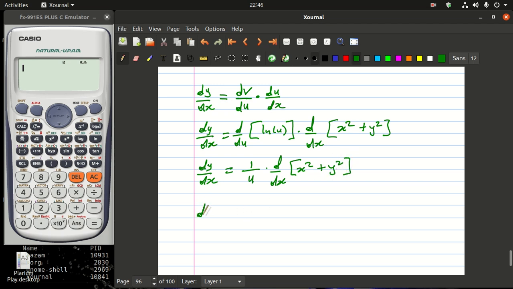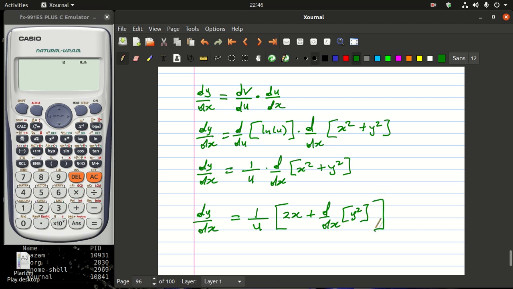Now I have my dy dx on the left hand side. On the right, I end up having 1 over u times the derivative of this thing, which is just going to be 2 times x plus the derivative with respect to x of y squared.